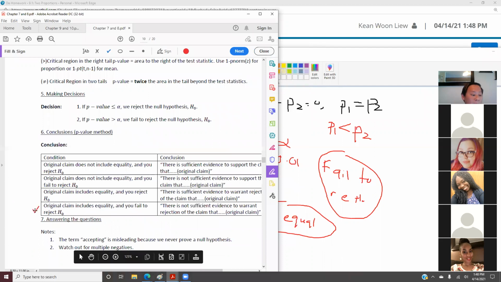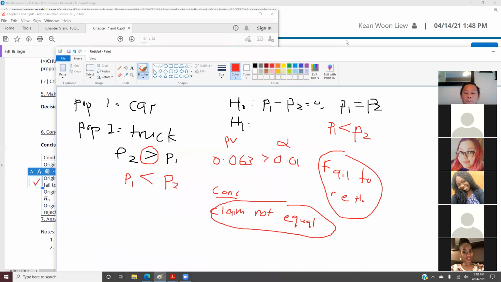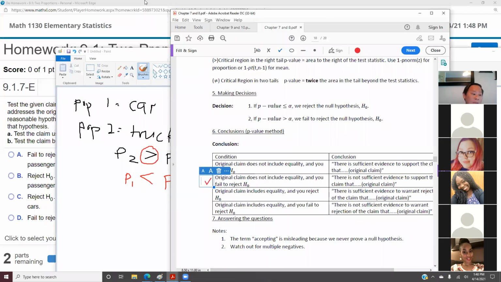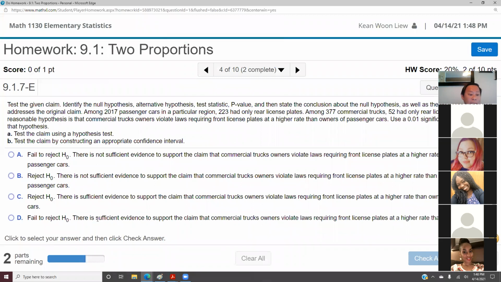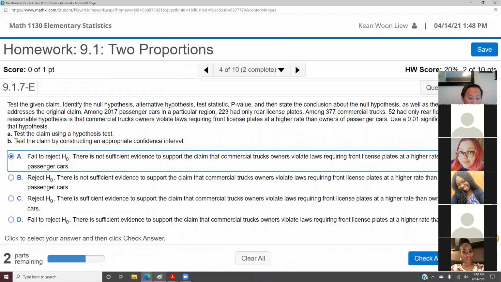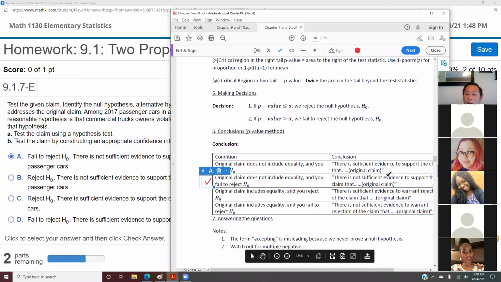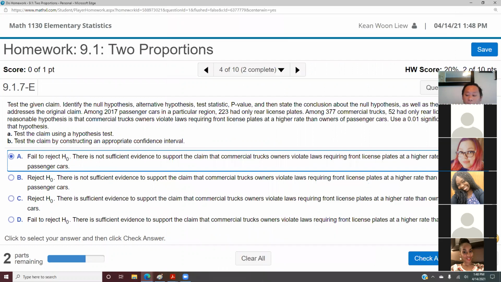Which one should we pick? The second one, because we don't have equality and we fail to reject. So that is not sufficient evidence to support the claim. The second one is the one that is correct. Fail to reject, that is not sufficient evidence to support the claim.